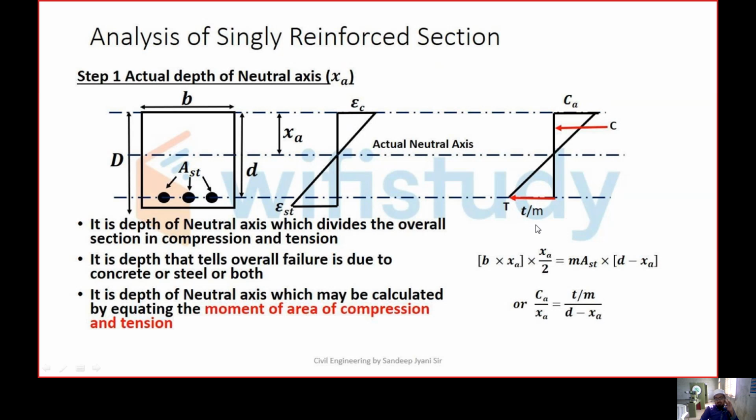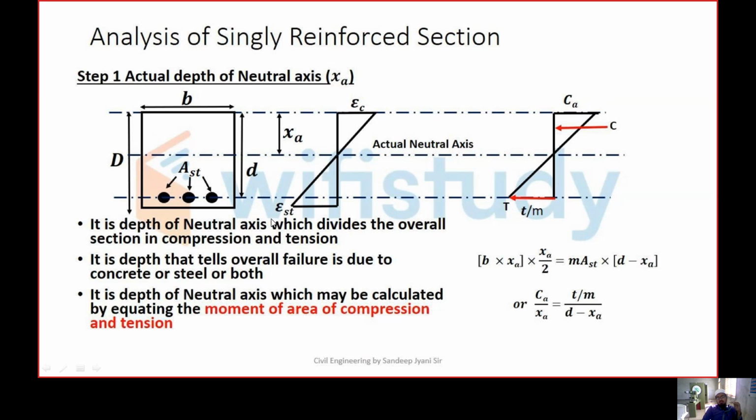And it should be equated to the moment of area of tension. First of all, in terms of concrete, if you want to find the area of steel, then AC is equal to M AST, and AST will be equal to AC by M. Here we want to find the AC only, because in the portion above we have calculated in concrete terms only.